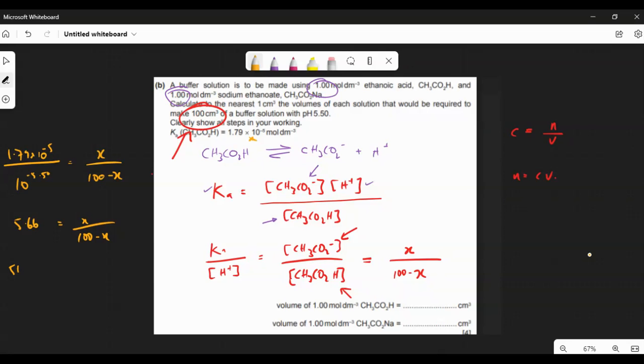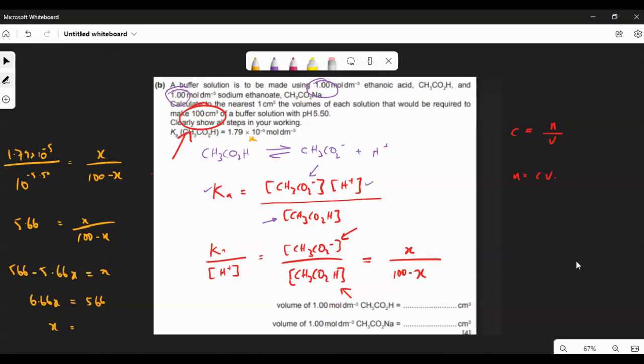Let's flush this out. So we have 566 minus 5.66X equals X. Solve for X, so we get 6.66X equals, oops, that's wrong, is equal to 566. So therefore X is equal to 566.